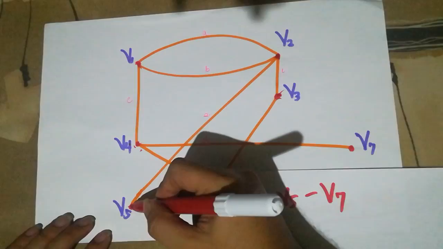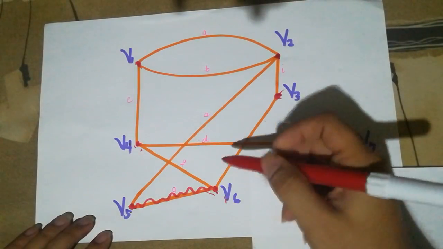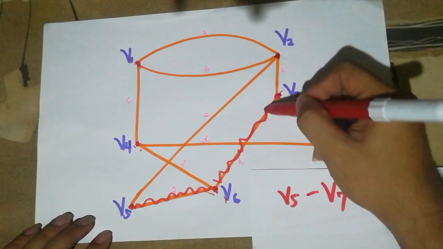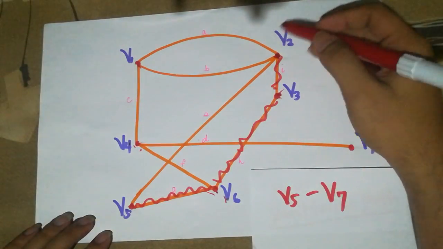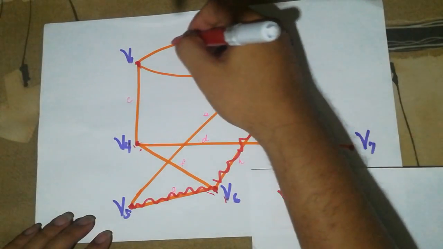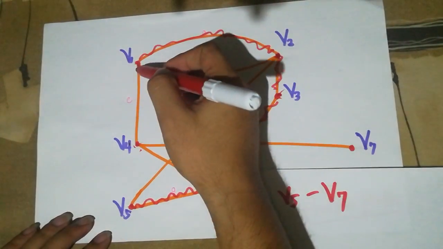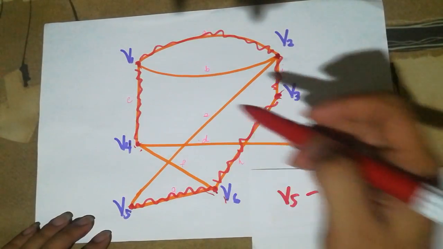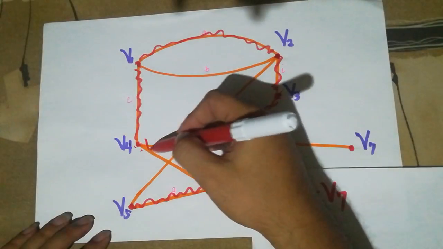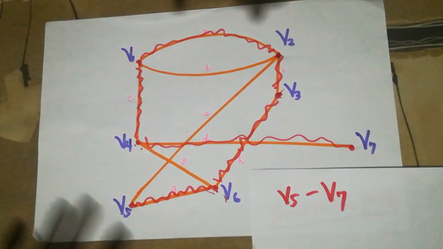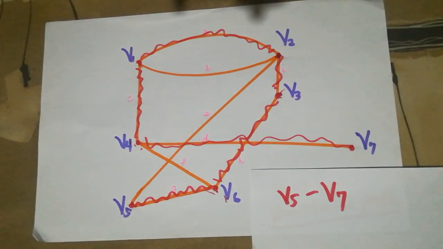Let me write it: V5 to V6, V6 to V3, V3 to V2, V2 to V1, from V1 to V4, and from V4 you are now at V7, where all of the vertices are used. Were there any repetition of the vertices? None. Therefore, that is considered a Hamiltonian path.